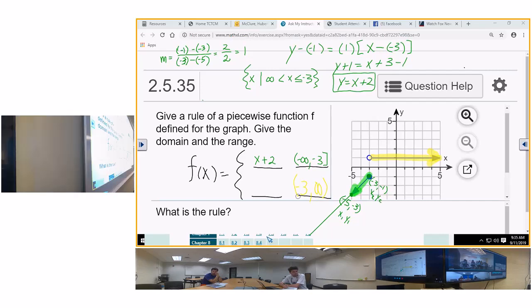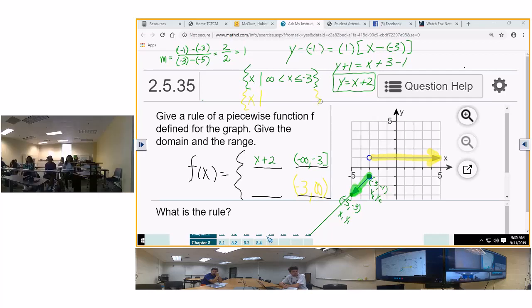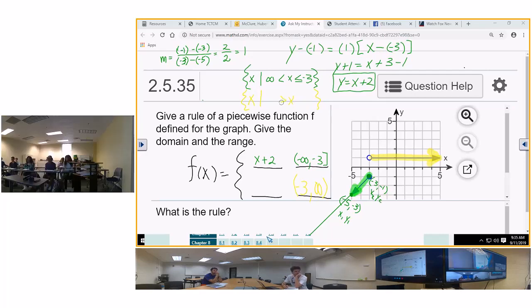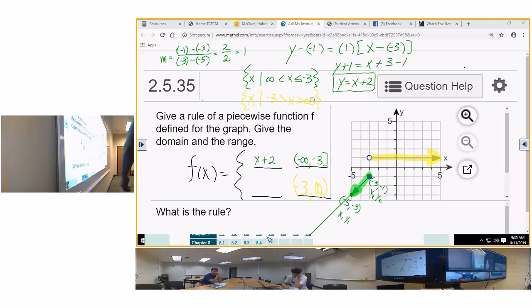Yeah, that would be x such that x is greater than -3 and to infinity. Okay, period.